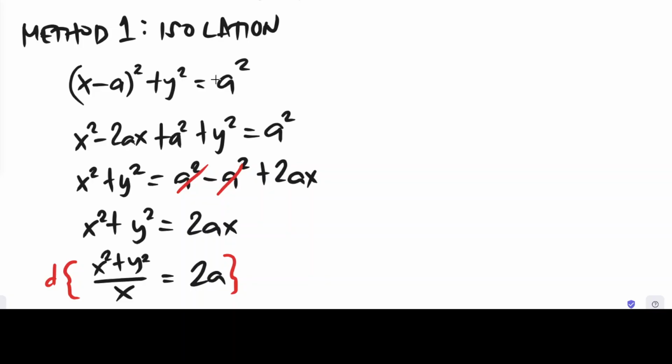So we will be left with the derivative of x squared plus y squared all over x is equal to 0. Now, for this case, which is a quotient rule, I find it easier to derive this by selecting a dependent variable and an independent variable, to make the differentiation process easier.